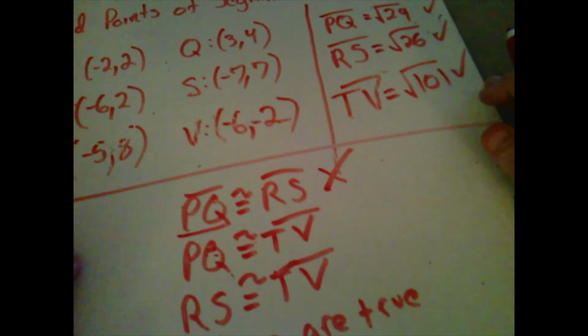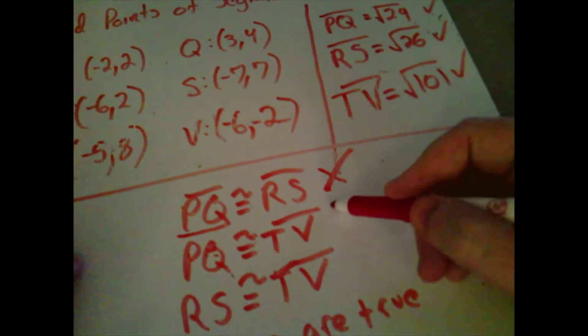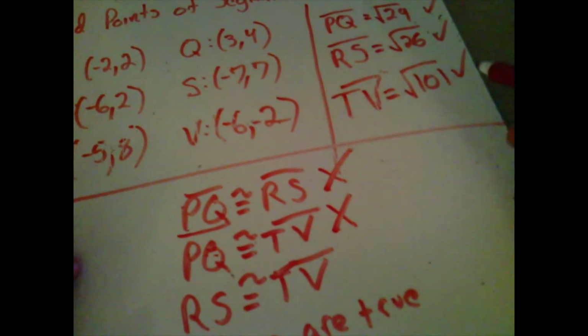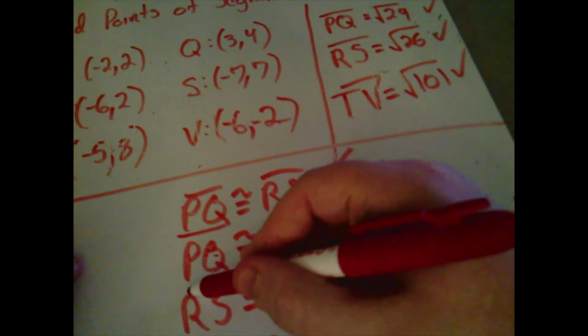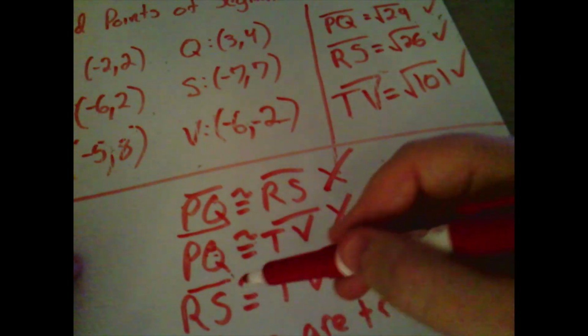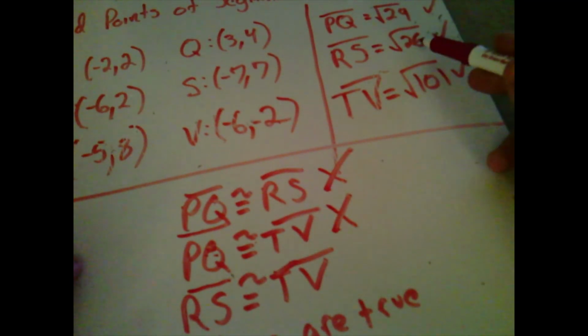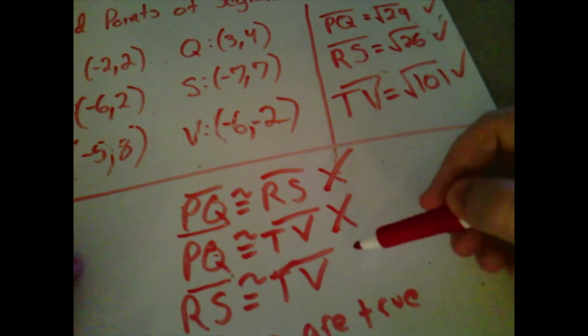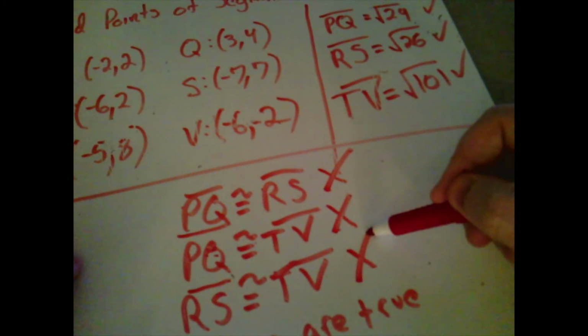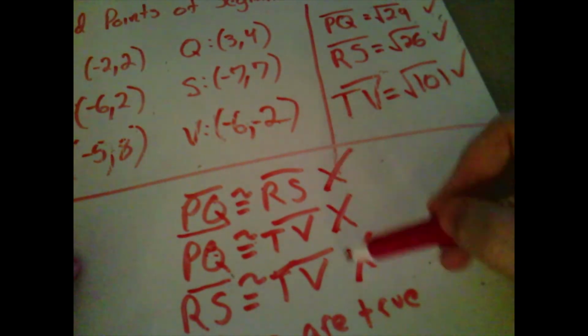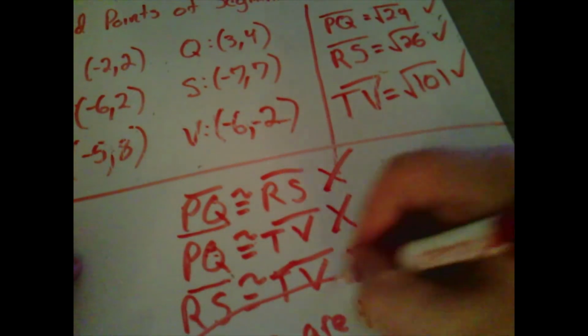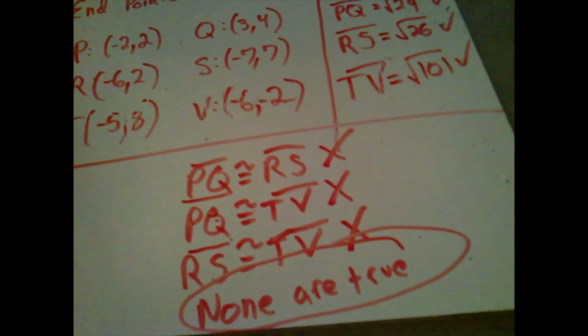No, those are two different numbers. They are not the same. Lastly, is segment RS congruent to segment TV? Is square root of 26 equal to the square root of 101? No, that is not true. So none of these are true. The final answer is none of them are true.